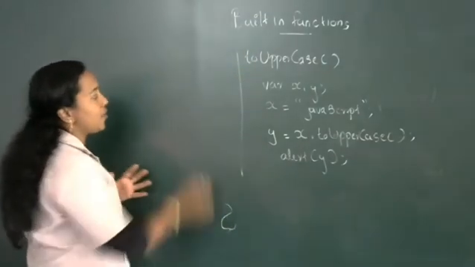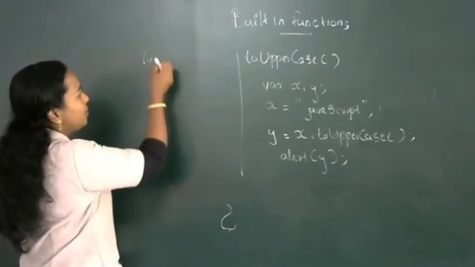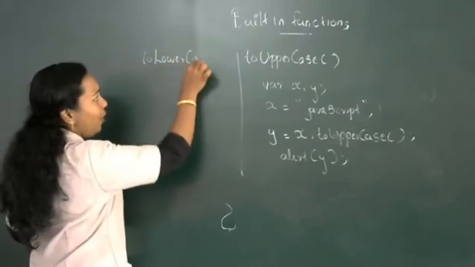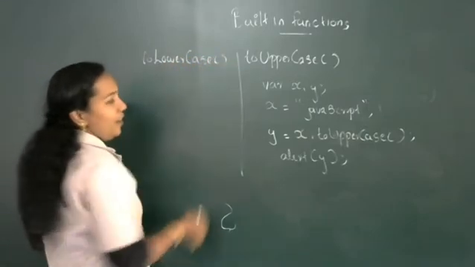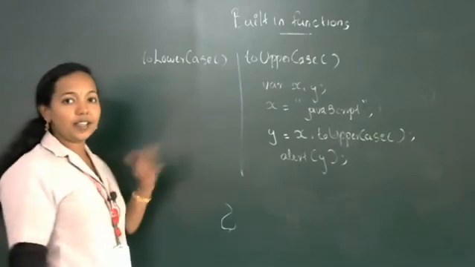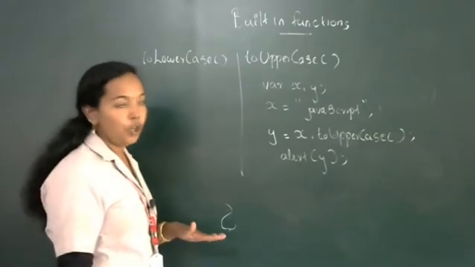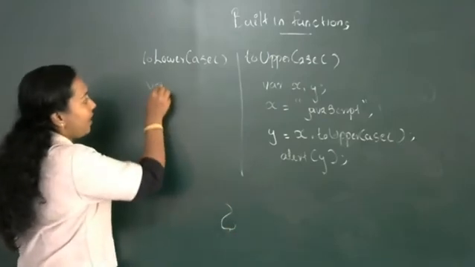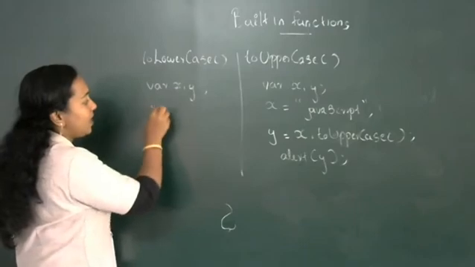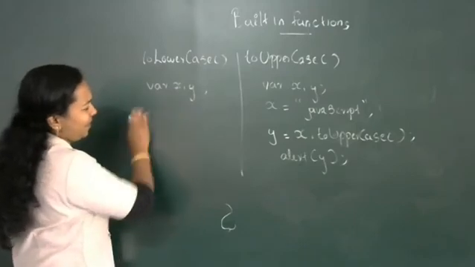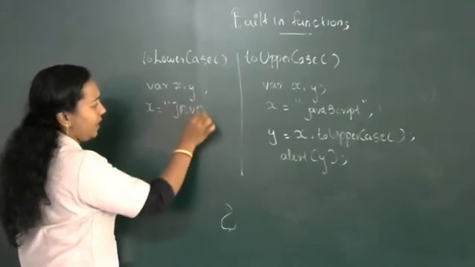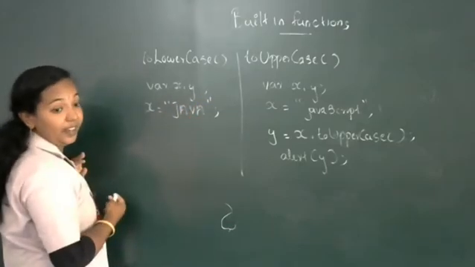Then one more function is toLowerCase. The toUpperCase function is used to convert text into uppercase, then toLowerCase is used to convert it into lowercase. Same example: var x, y. X is equal to JavaScript in capital letters.